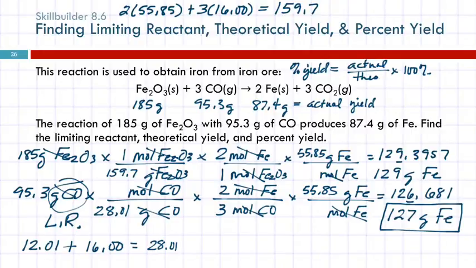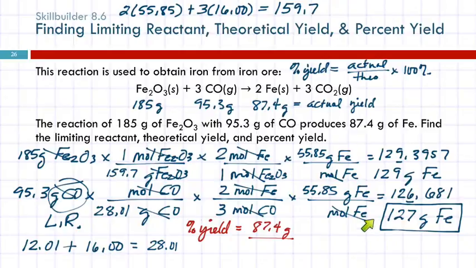I still need to calculate the percent yield. So my percent yield, trying to dot my I's, is actual over theoretical. So this is our theoretical yield, and this is our actual yield. So 87.4 grams on the top.